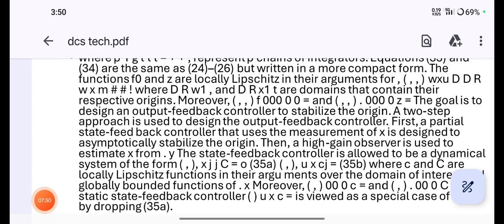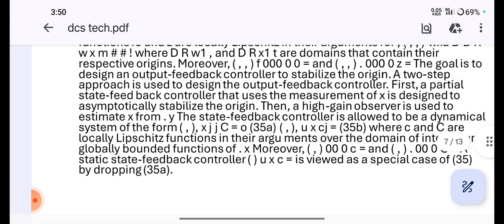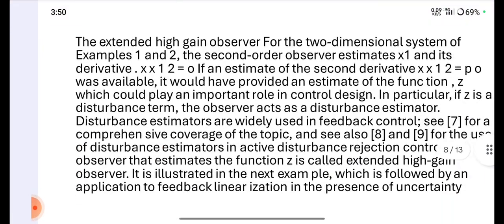Moreover, a two-step approach is used to design the output feedback control. First, a partial state feedback controller that uses the measurement of x is designed to asymptotically stabilize the origin. Then a high-gain observer is used to estimate x from y, and the state feedback controller is allowed to be a dynamical system of the form.